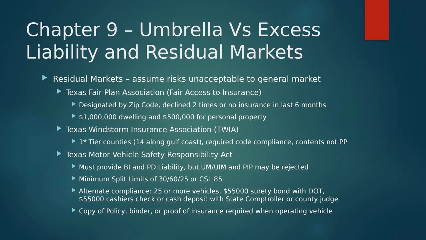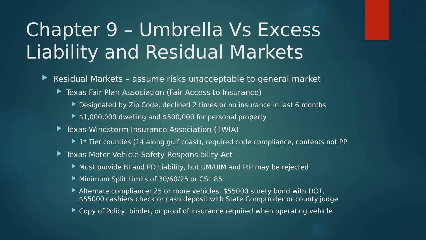You can take out a $55,000 surety bond with this Department of Transportation to be held in case something does happen. They will go through suretyship on that bond, and we'll talk more specifically about surety bonds later in Chapter 15. You can also put down a $55,000 cashier's check or cash deposit with either the state comptroller or the local county judge.